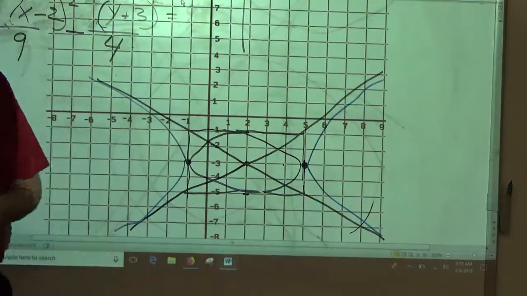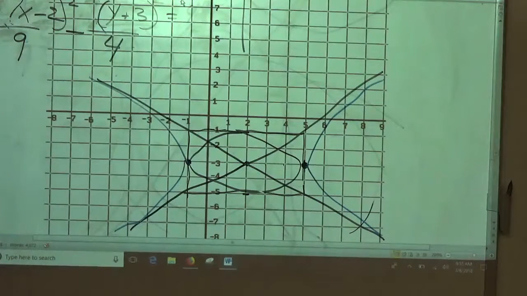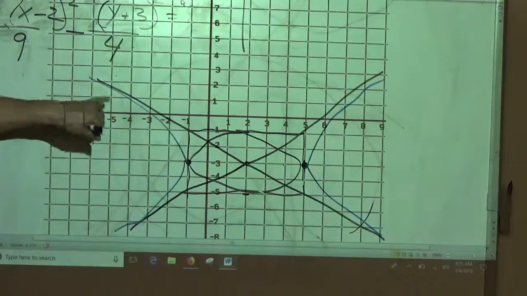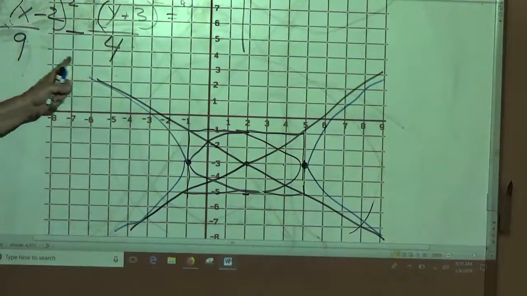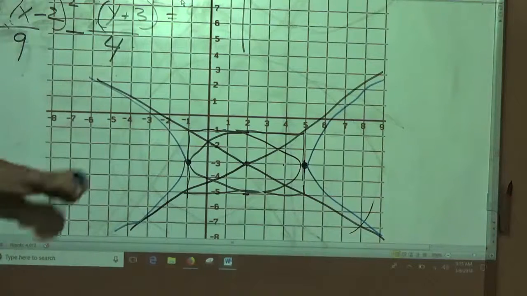All right, so there's 3 basic skills. One is looking at the equation and figuring out what kind of conic section I have been given. The second thing is being able to draw the box, because you use the square root of the number on the bottom.